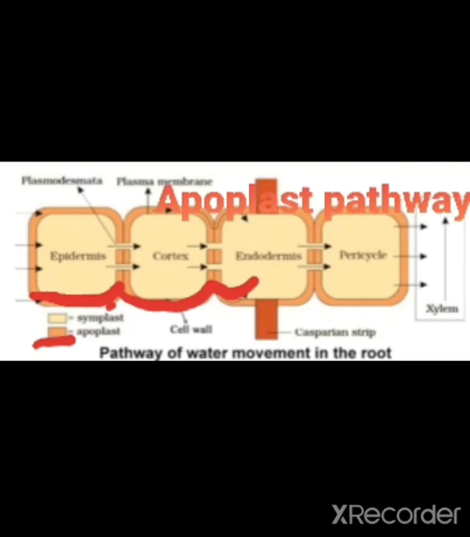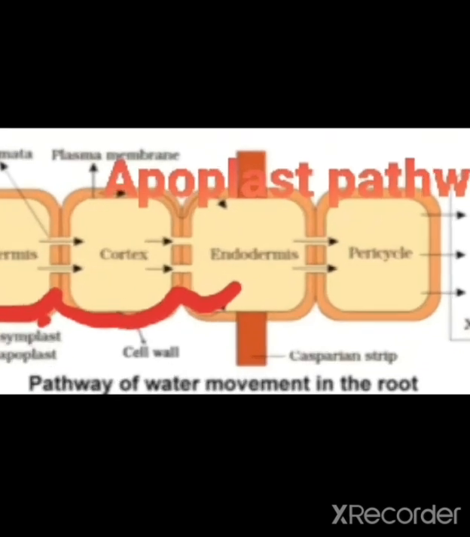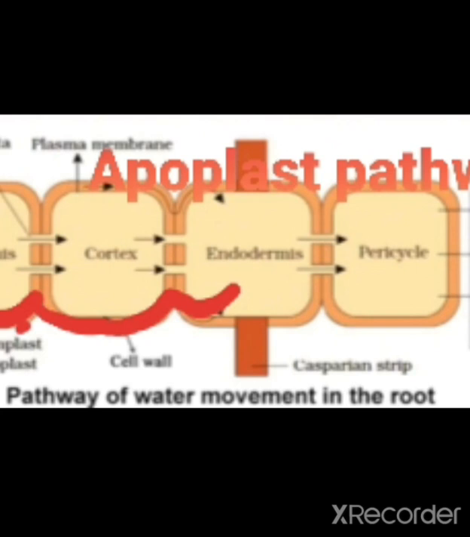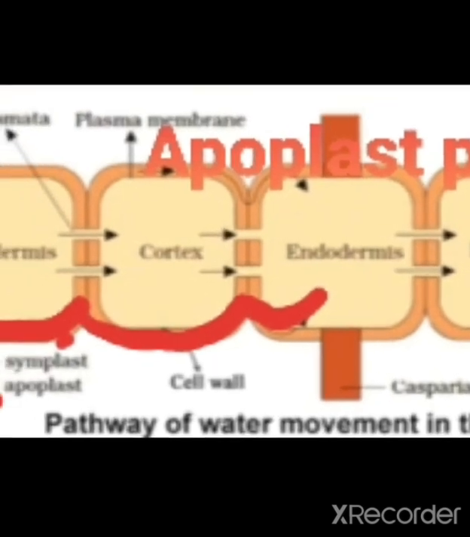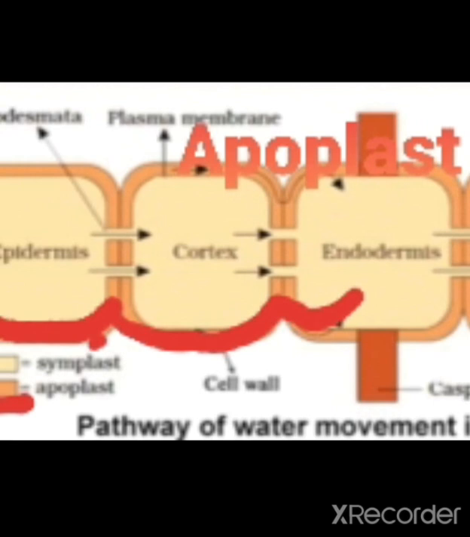Apoplast pathway: it is a system of adjacent cell walls that is continuous except at the Casparian strip of the endodermis in the roots. It occurs through the intercellular spaces and the walls of the cells.